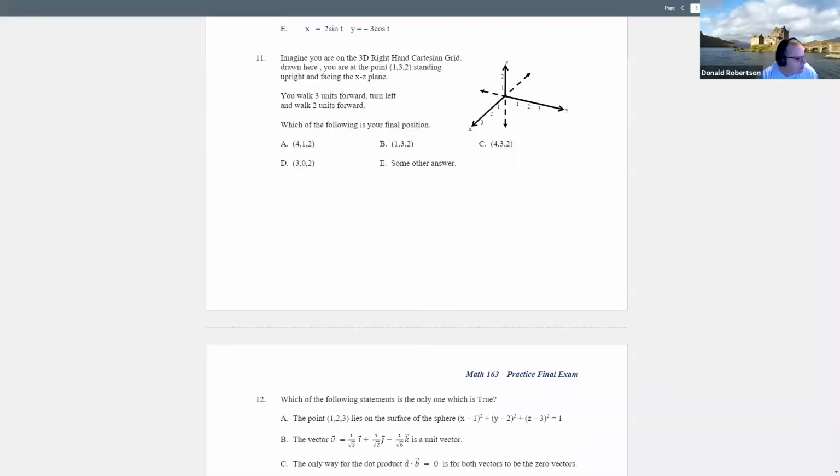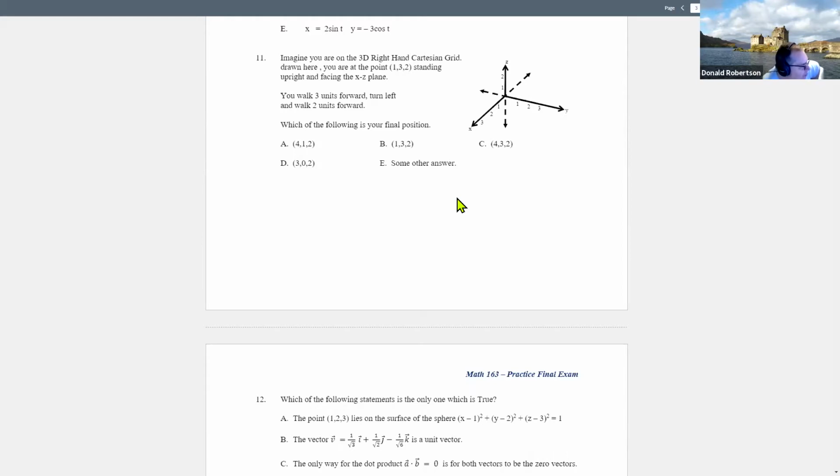Right, you should be looking at question 11, multiple choice, practice final, okay? And it says here, imagine that you are in this right-hand Cartesian grid. That's just a fancy name for that picture. And you're at the point with coordinates 1, 3, 2.